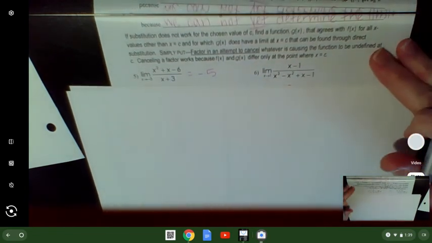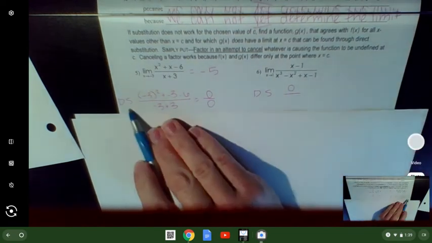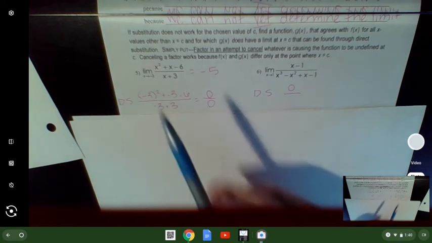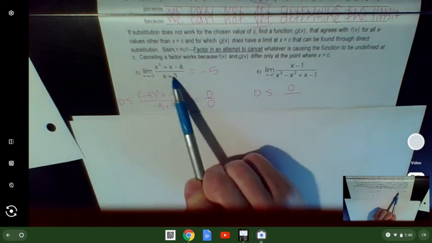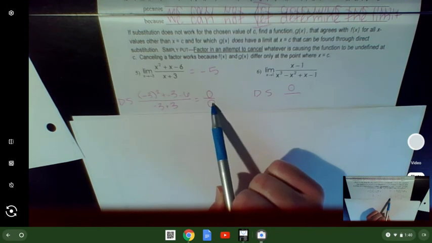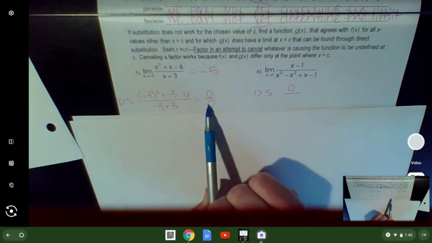Our first attempt should always be direct substitution. So that is exactly what I did. DS is just my abbreviation for direct substitution. And I found out that we get 0 over 0. Now, some of you may be thinking, well, I could tell that I'm going to get a 0 in the denominator when I plug in -3 right away. So that means I'm going to have an issue because a 0 in the denominator does mean we have an asymptote.